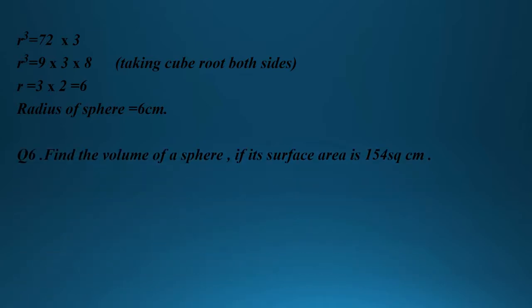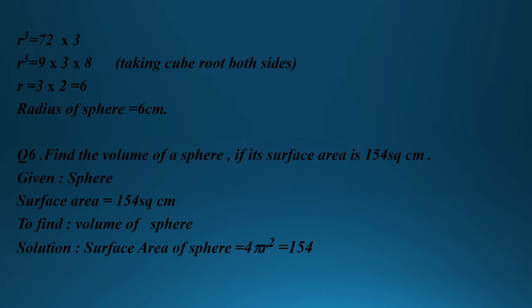Question number 6. Find the volume of a sphere if its surface area is 154 square centimeter. Given sphere, surface area of the sphere is 154 square centimeter. We have to find the volume of a sphere. Solution. Surface area of sphere is equal to 4 pi r square, which is equal to 154.